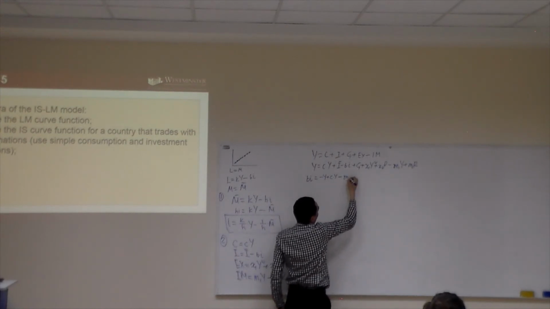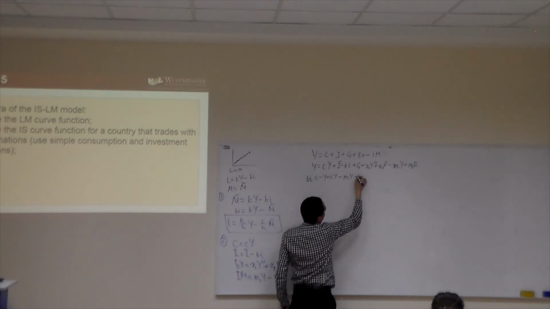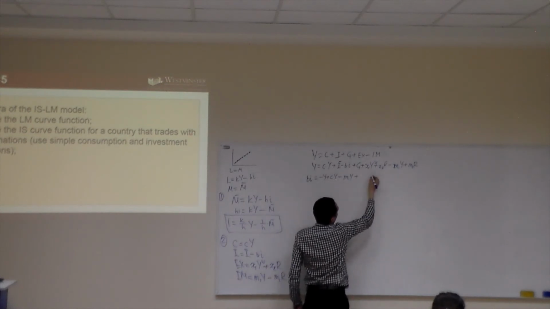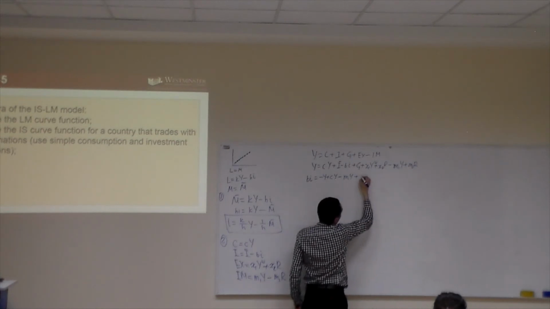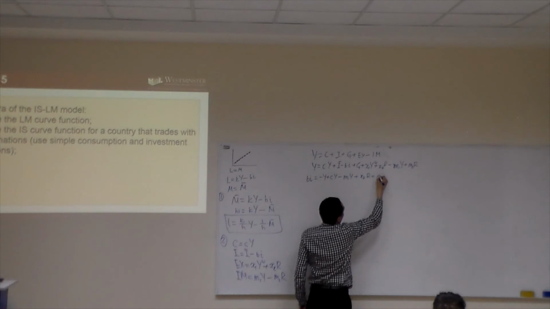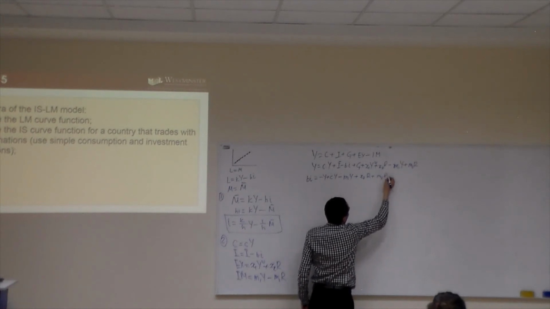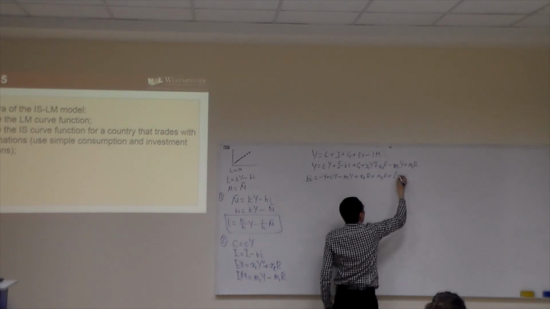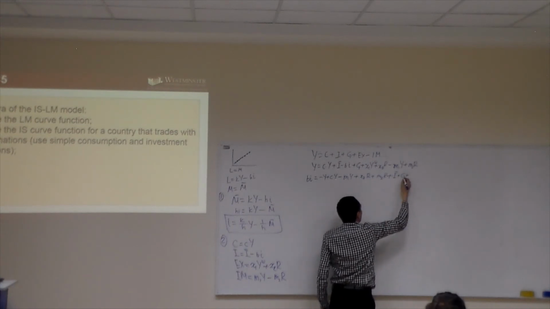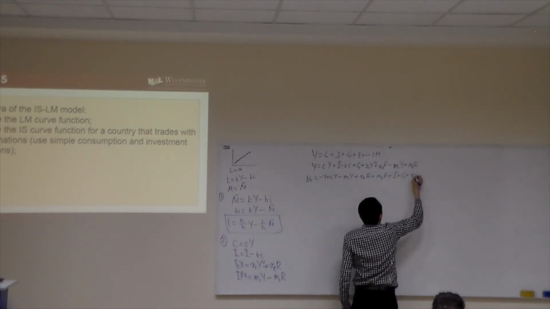Minus M1Y, plus we have two expressions with real exchange rate, X2 real exchange rate plus M2 real exchange rate, plus autonomous investment plus government expenditure plus world output.